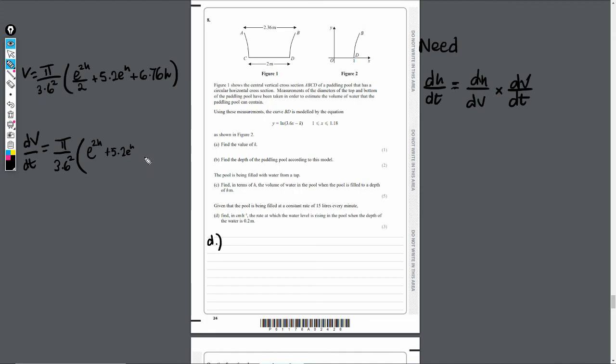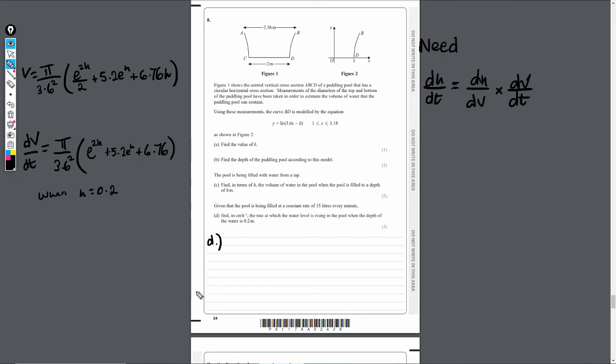And then finally, we're just going to get plus 6.76 here. So now we've got dV by dh. I just need to take the reciprocal of this, but we know h is 0.2 meters. So I'm going to have to plug that into my h here in this dV by dh.